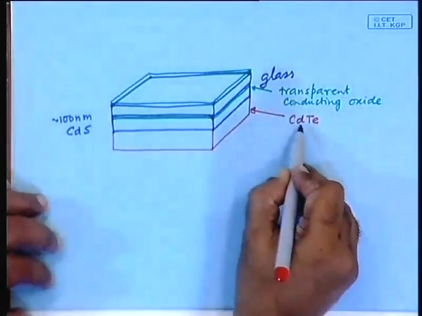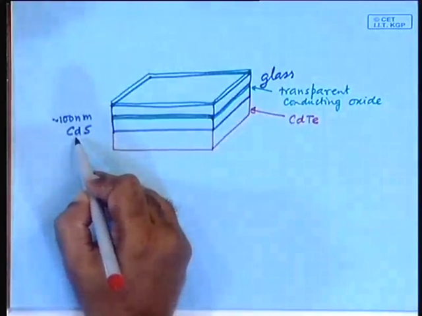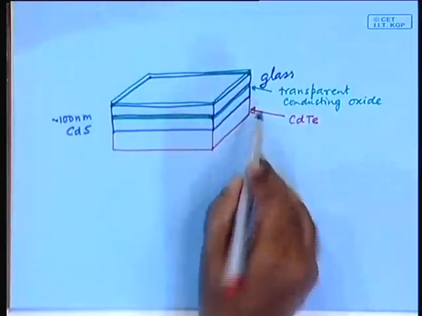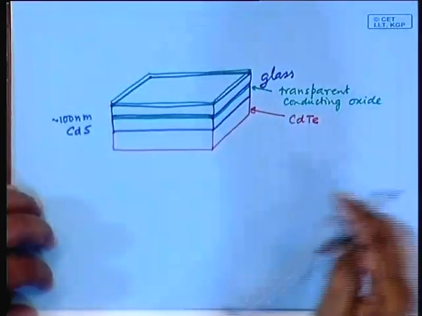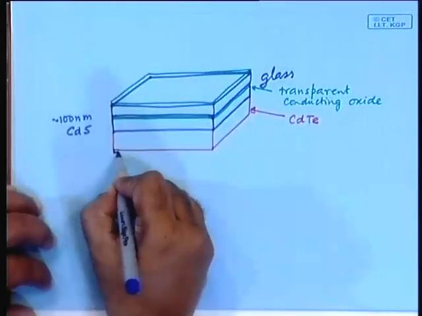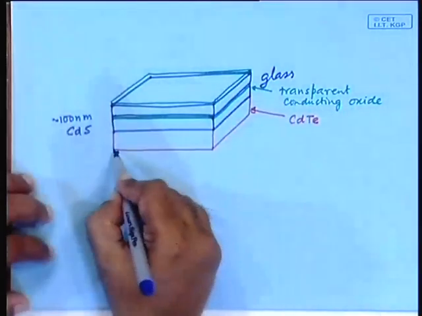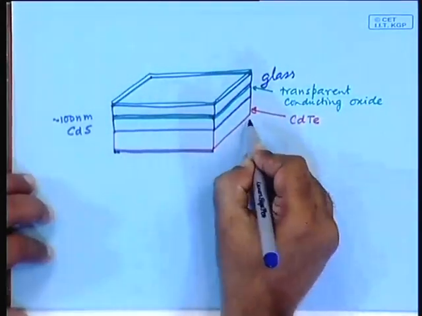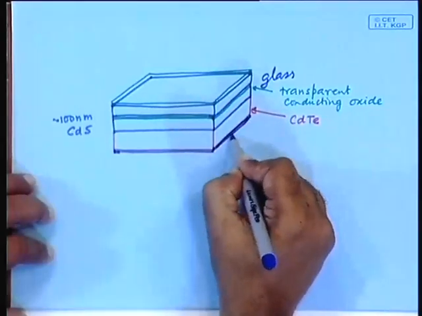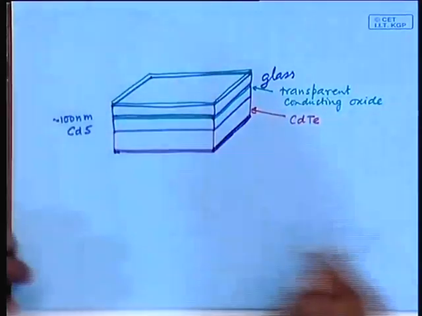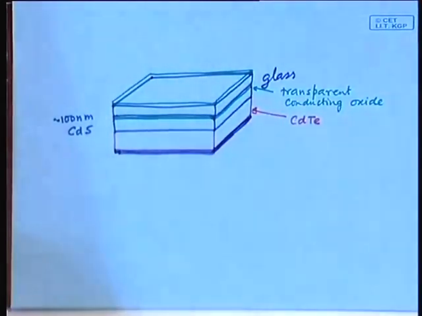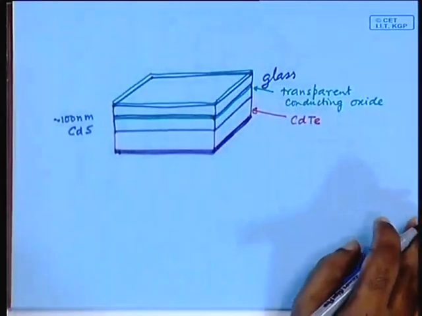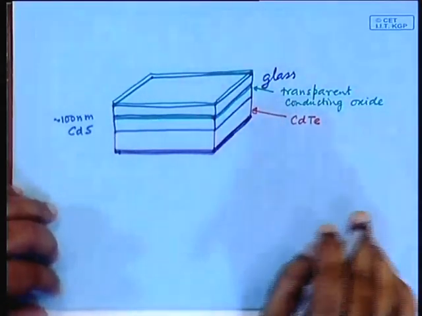So, the cadmium telluride is your P layer, CdS is your N layer, you have got a heterojunction, and this is what does the job, and below that you have normally, what has to be under that? Another metal contact, and this metal contact is often a gold contact, very thin layer of gold, gold or silver. So, this is the total structure of this kind of solar cell.